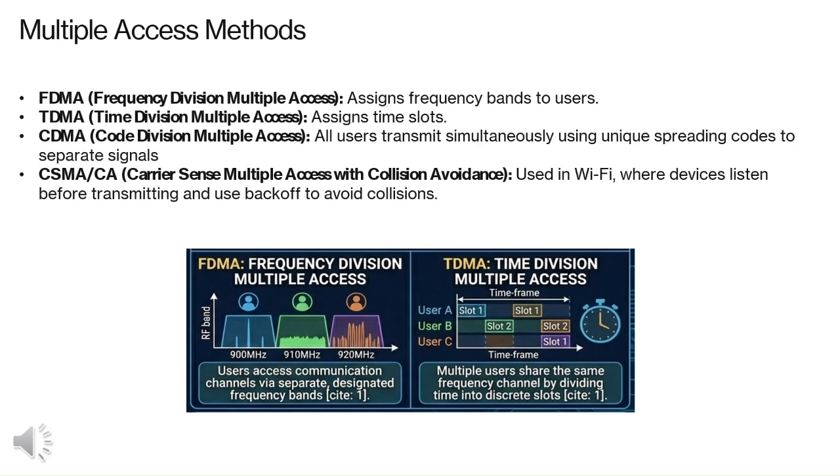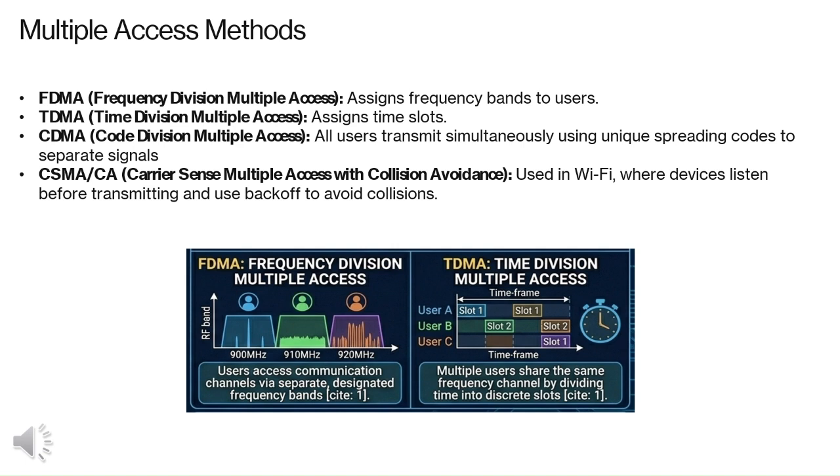Now we are going to talk about multiple access methods. There are four: FDMA, frequency division multiple access; TDMA, time division multiple access; CDMA, code division multiple access; and CSMA/CA, carrier sense multiple access with collision avoidance. Multiple access is multiplexing for wireless users.